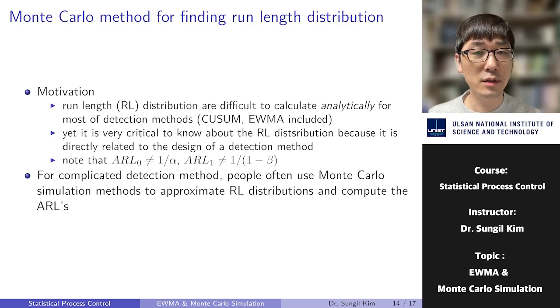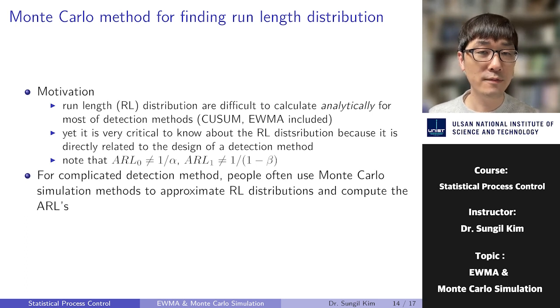As another approach to design a control chart, let me introduce the simulation-based approach. As we learned in a previous lesson, the Shewhart control chart provides an analytical way to compute ARL0 and ARL1.